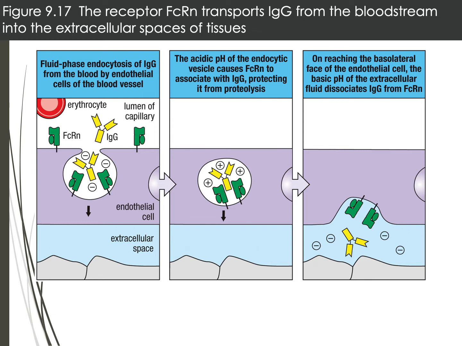In order for this antibody to be able to bind to whatever's causing the infection, whatever recognizes its antigen, sometimes it needs to get into the extracellular space or it needs to get out to the lumen. Well, this one's in a capillary and it needs to get to the other side to see what's there. And so the way it does that is by transport through the endothelial cell.